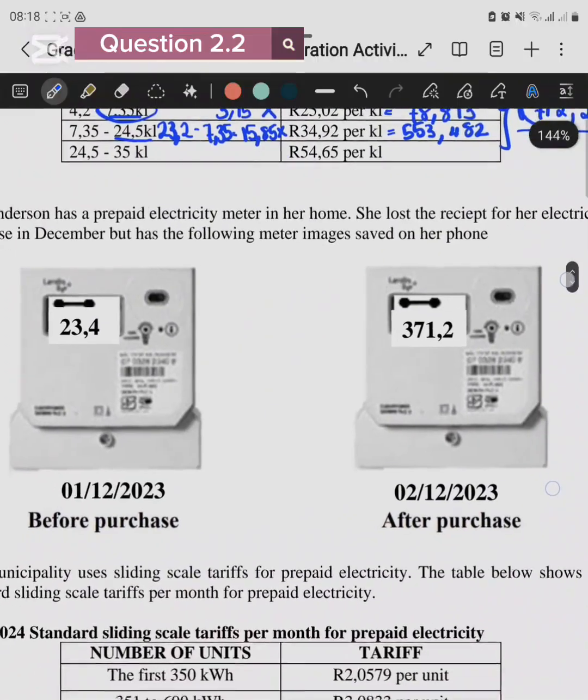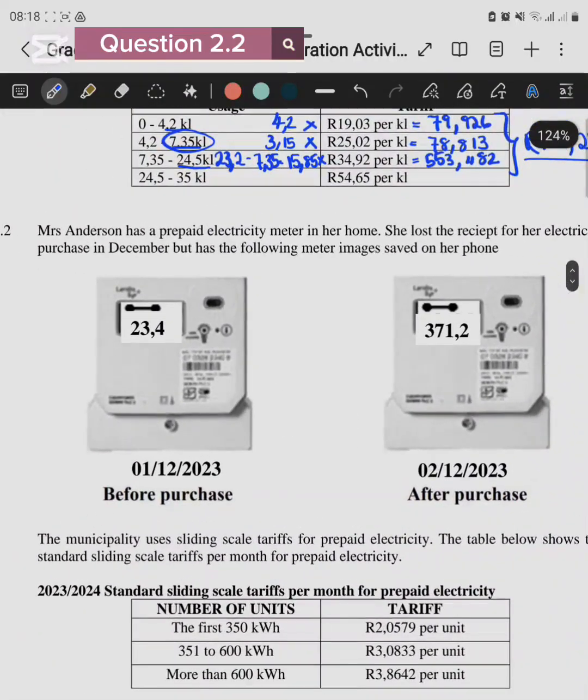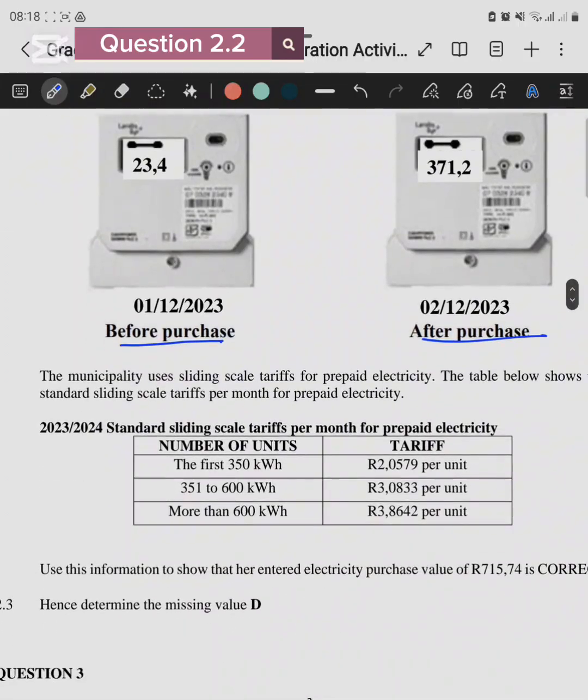Right. Next we have 2.2, where we have her electricity meter reading. They tell us there what it was before her purchase and what it was after her purchase. So we want to know how much she paid for the electricity.